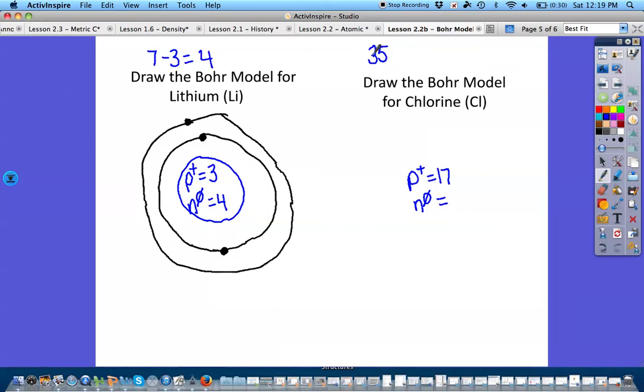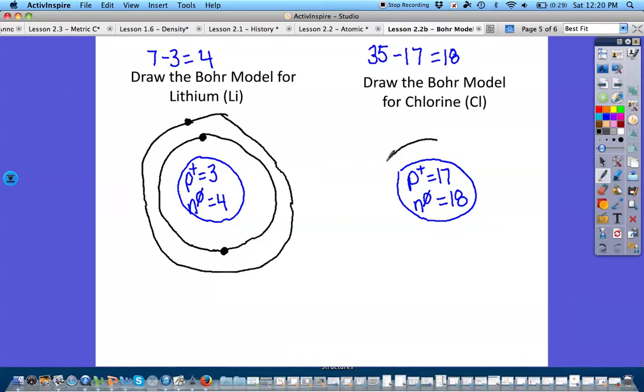Anything below 0.5, you're going to round down. Anything 0.5 and above, round up. So 35 minus our number of protons, 17, gives us 18 neutrons. And then that's our nucleus.